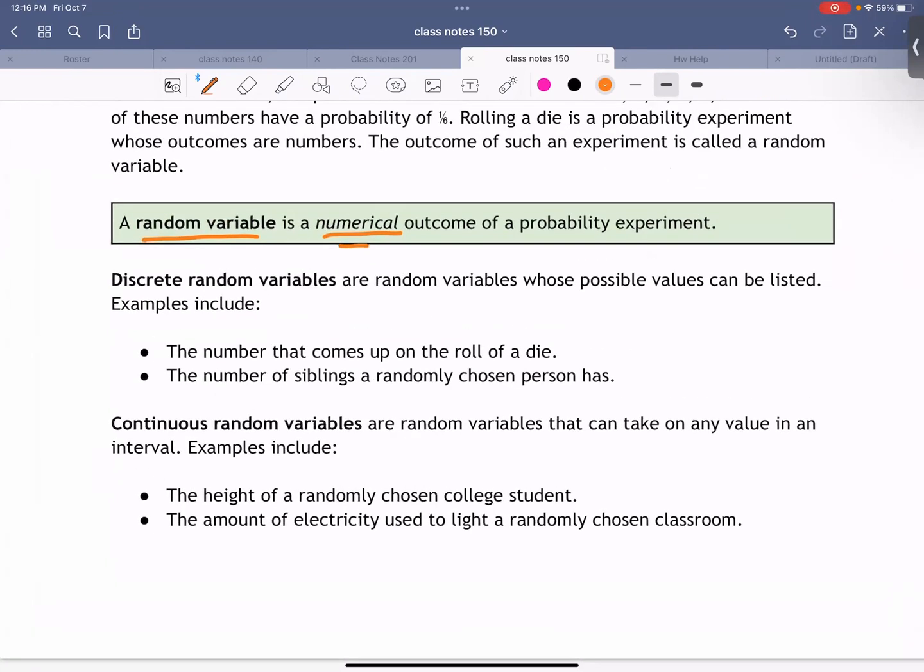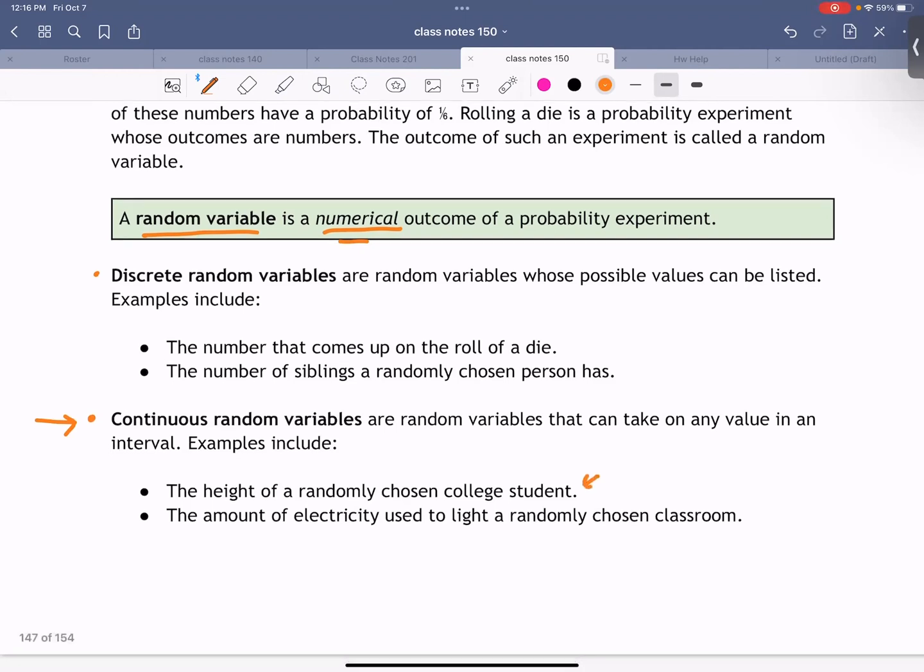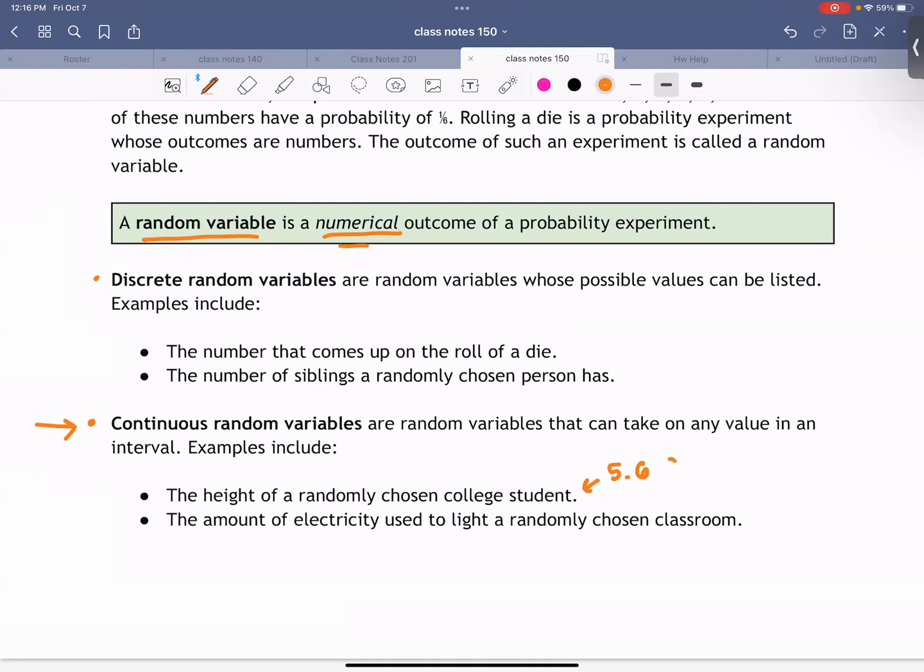Two types of ones I want to go over real quick. We have discrete random variables and we have continuous random variables. I want to start with continuous first. So let me explain this guy first. Okay. Continuous random variables are things that can be used and described using fractions and decimals. For example, the height of a randomly chosen college student in feet could be, I don't know, 5.6 feet, right?